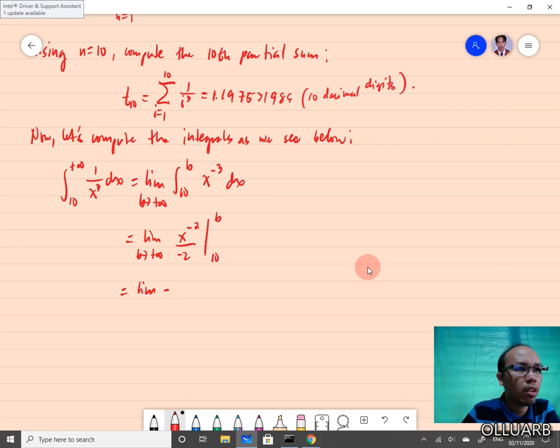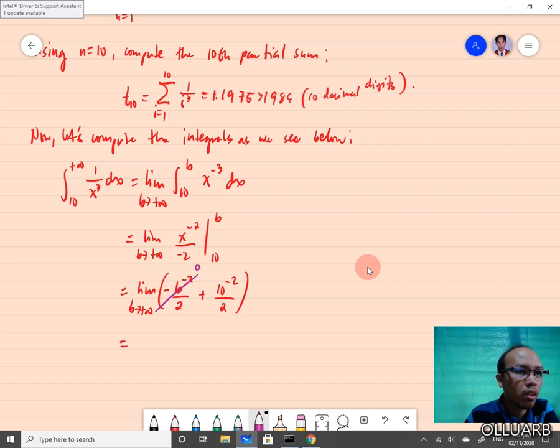So this is negative b to the negative 2 over 2 plus 10 to the negative 2 over 2, as b approaches positive infinity. And if you evaluate this one, this is of course 0.